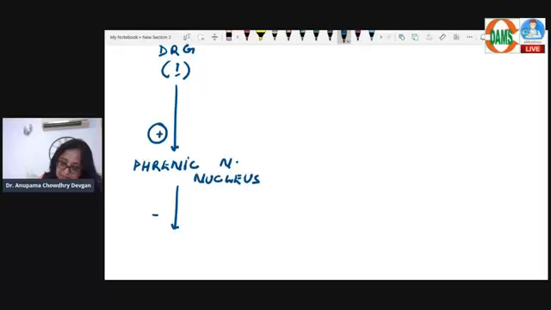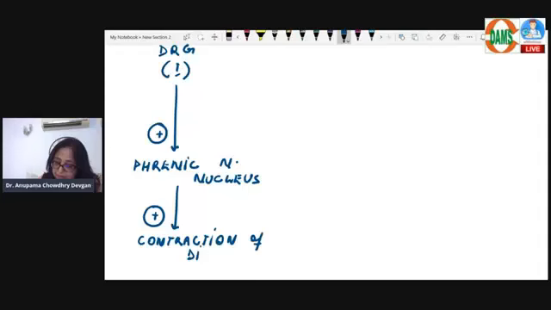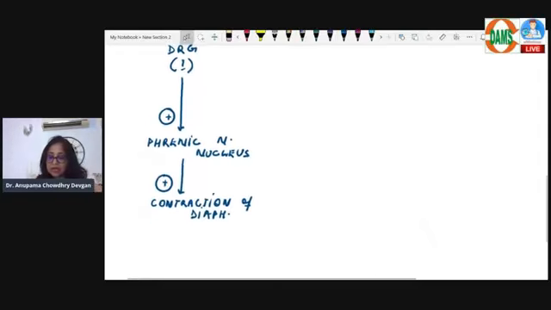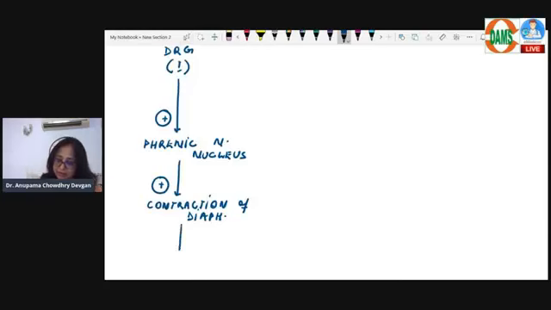And that in turn sends excitatory impulses to the diaphragm. So there is going to be contraction of the diaphragm, which moves downwards. We've already discussed that contraction of the diaphragm will lead to lung inflation.